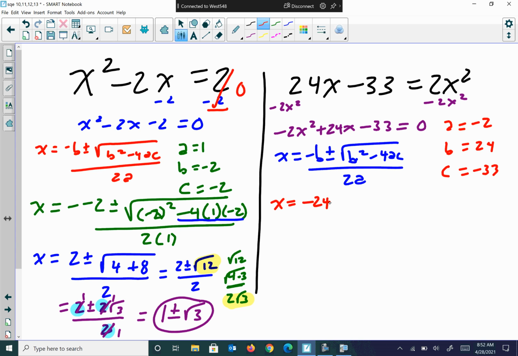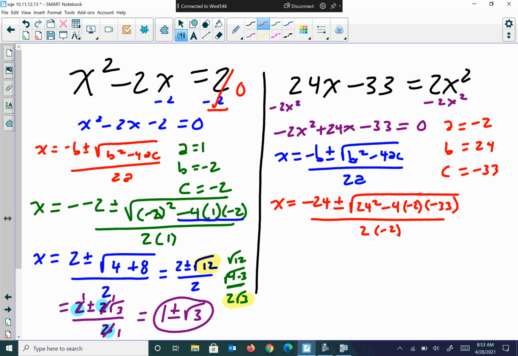It was positive 24 originally, but B was 24. My negative b means I'll do the opposite of it. Plus or minus the square root of b squared, so 24 squared, minus 4ac, all over 2a.